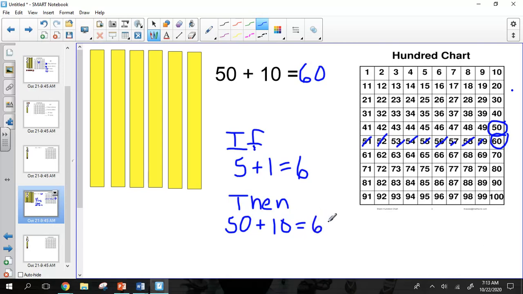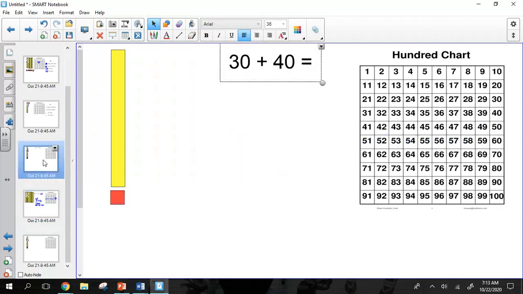So I've just thought about it with my small numbers and added my zeros back. So 5 tens plus 1 ten makes 6 tens, or 50 plus 10 makes 60. So mentally, that's why we work so hard on these basic math facts, because you can mentally apply that strategy to a bigger problem. Let's look at another example.